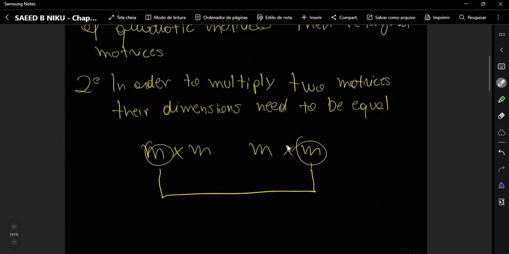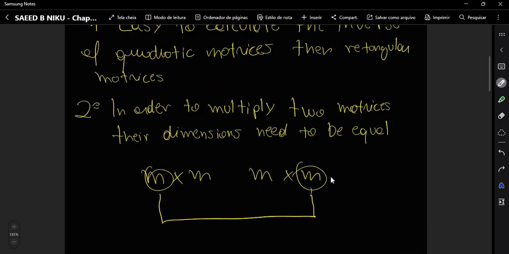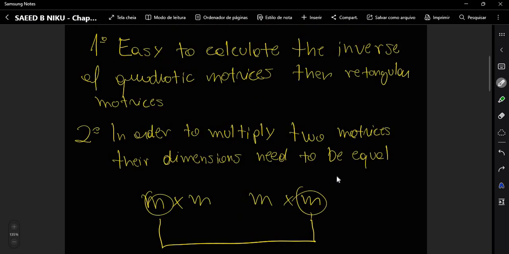And in order to multiply two matrices, their dimensions need to be equal, as you can see right here. So it's not only the evaluation of the operation that we get more easily, but also the benefits it brings, one of which is calculating its inverse.